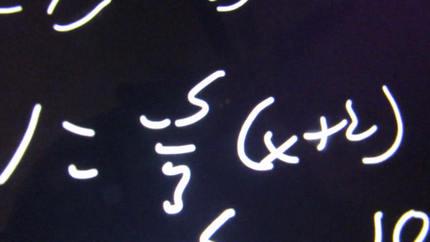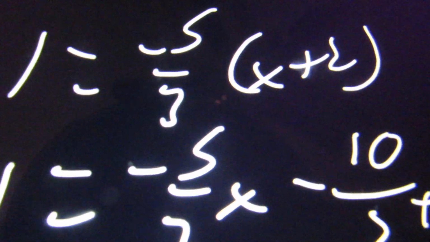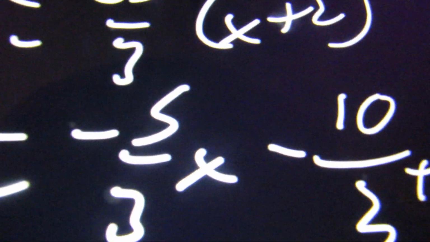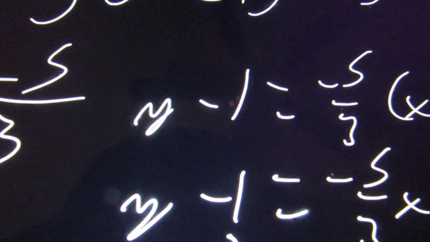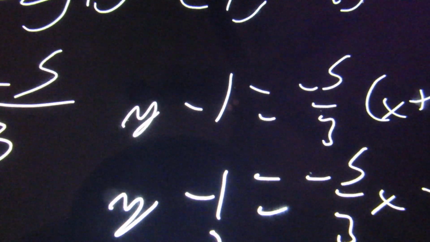I'm going to distribute the -5/3, so I'm going to have y minus 1 equals -5/3 times x minus 10/3. My denominator here is a 3, so -1 times 3/3 will be -3/3. So I'm going to add 3/3 to both sides.